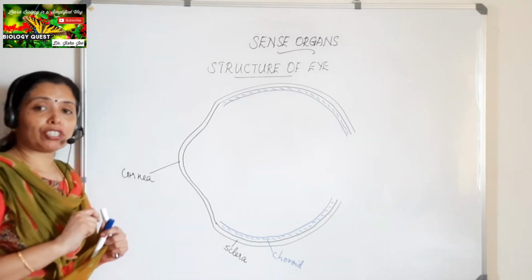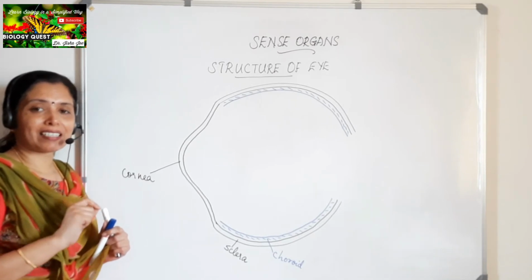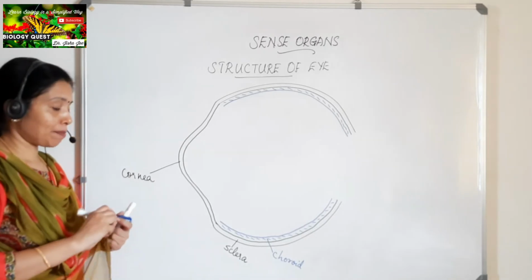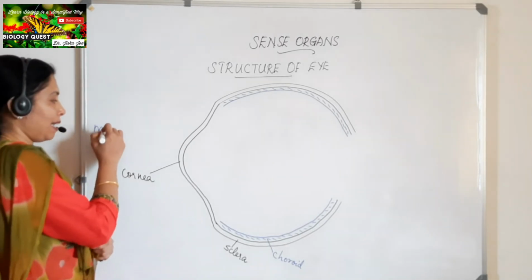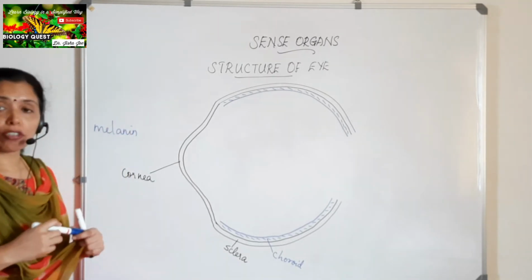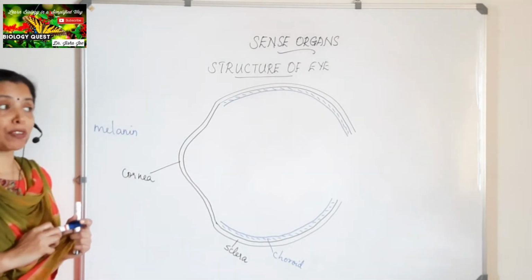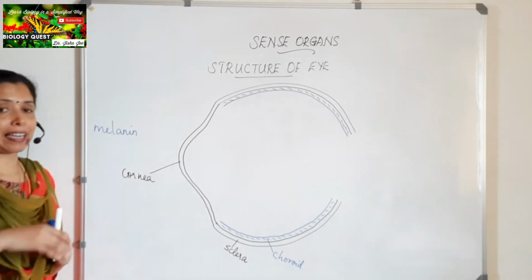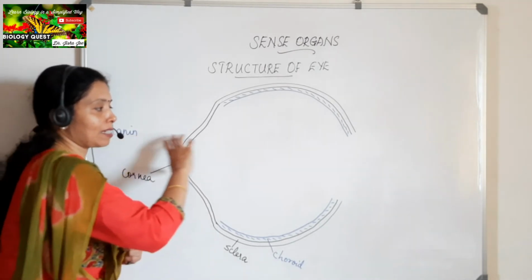Another important feature of the choroid is that it has a dark colored pigment, a black pigment, which is called melanin. Melanin pigment is present in the choroid, and its function is to prevent the scattering and reflection of light inside the eye.